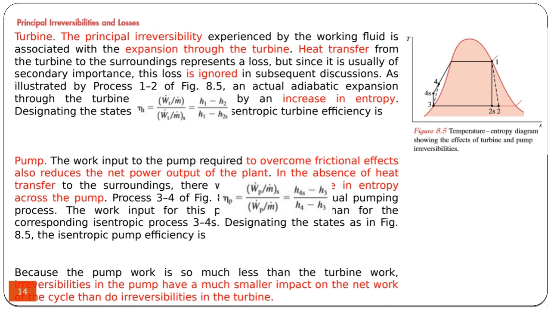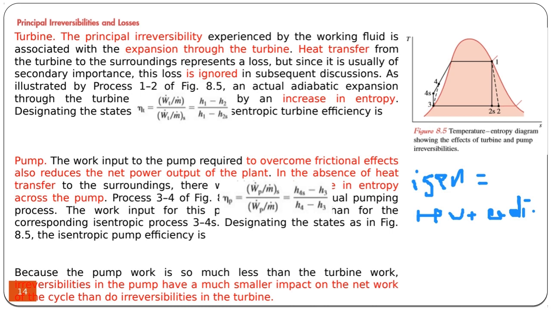So when they are both adiabatic and reversible, it's called isentropic. So isentropic means that it's both reversible, meaning that there are no irreversibilities inside, such as friction, and adiabatic, meaning that there is no heat exchange between the system, turbine, or pump, and the surroundings.